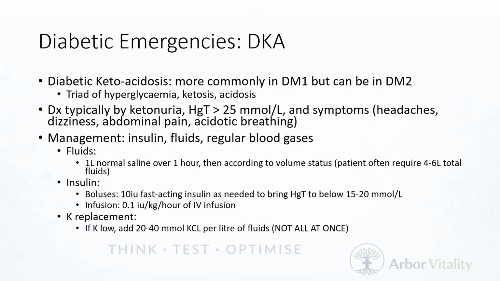Insulin, fluids, monitoring. Fluids: 1 liter normal saline over 1 hour, then according to your volume status. Patients often require 4 to 6 liters of total fluids. Again, the regimen specifically depends on your facility. Then you give insulin boluses: 10 IUs of your fast-acting insulin, that's your Actrapid, as needed to bring your HGT to less than 20.